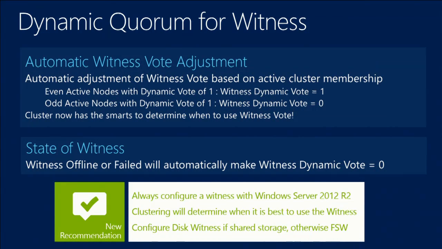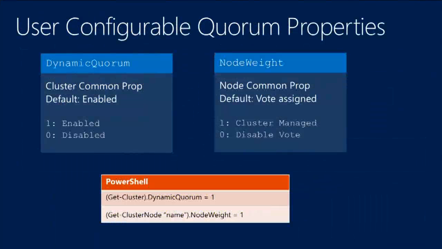But really, with this feature, the cluster can decide whether or not the witness is required. And so tomorrow when you add or remove nodes, you don't have to reevaluate the quorum requirement. The cluster would take care of that for you. Excuse me.